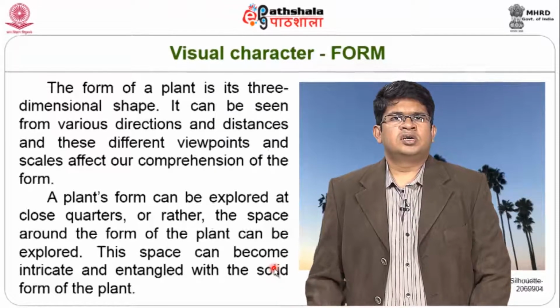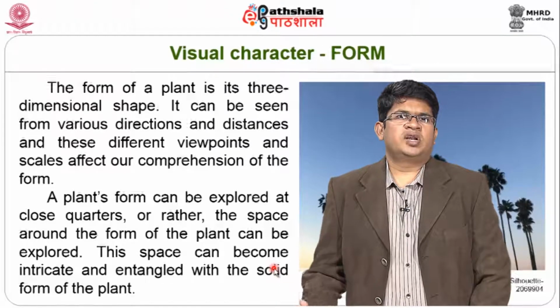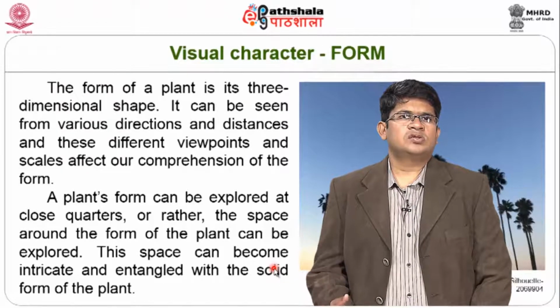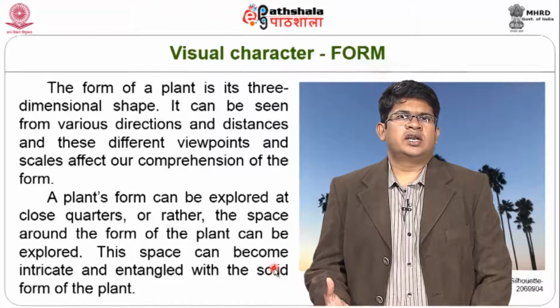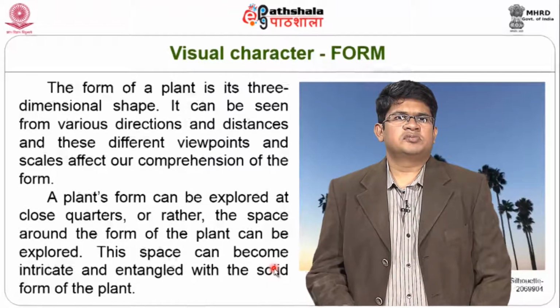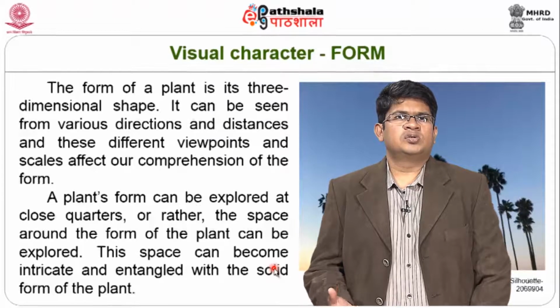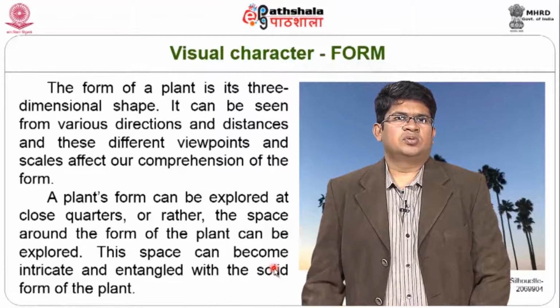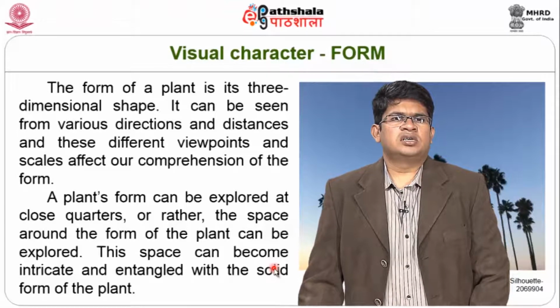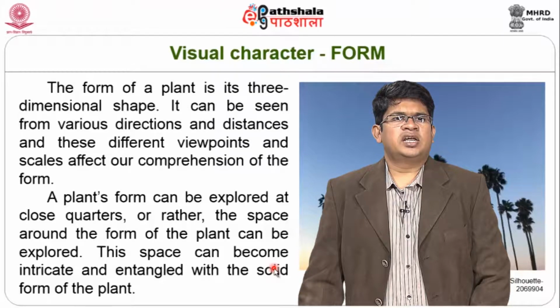The form of a plant can be so important that it can set up the space around it, and it can also be an anchor plant, or an anchor tree for that matter, around which an entire space is set up. The space can become intricate and entangled with the solid form of the plant itself.